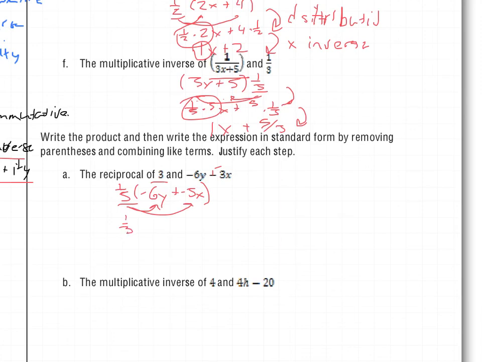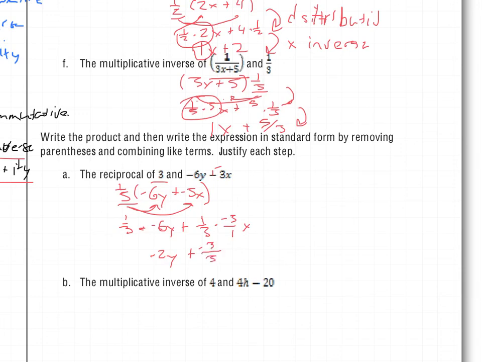1/3 times negative 6y plus 1/3 times negative 3/1x. That's going to give me negative 2y plus negative 3/3.